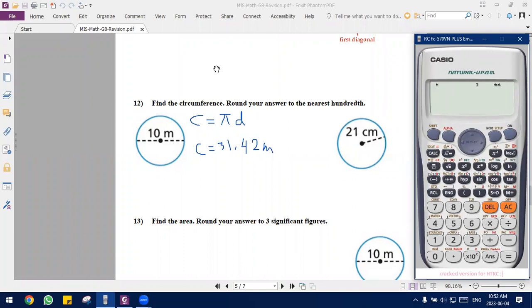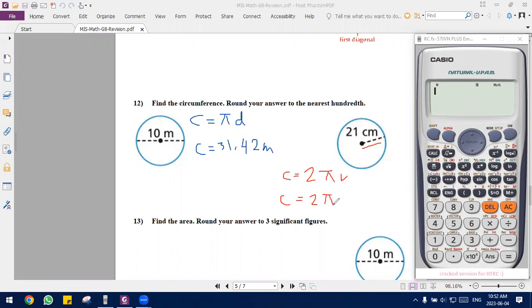Now, for the second circle, I don't have D, I have R this time. So we write C is equal to 2 pi R. C is equal to 2 times pi times R, which here is 21.